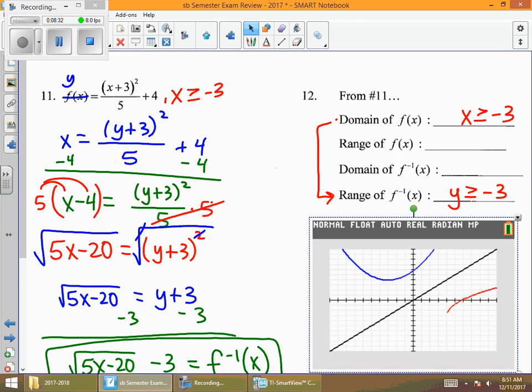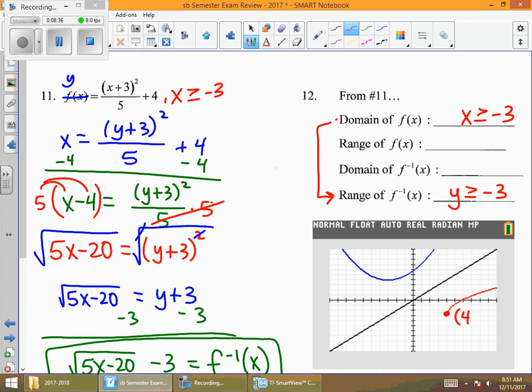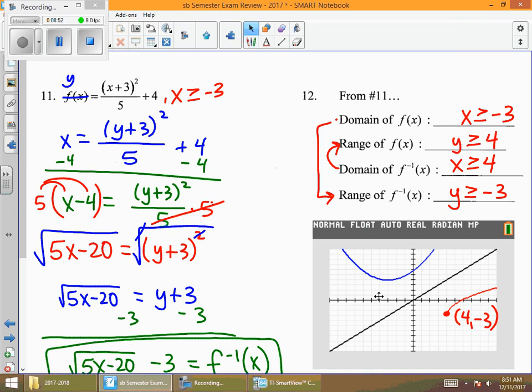So I'll show you here. 4, -3 is right here. So your range is everything from -3 and above, and your domain is going to be everything from 4 and above, which will also be your range for the other one.